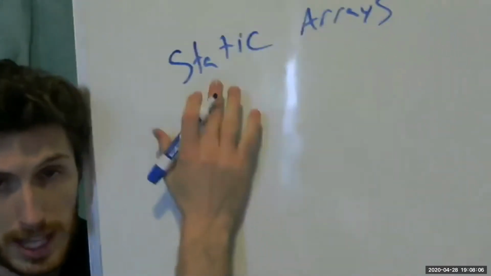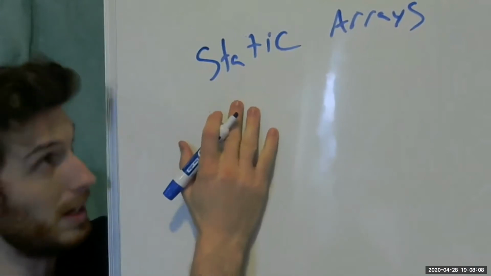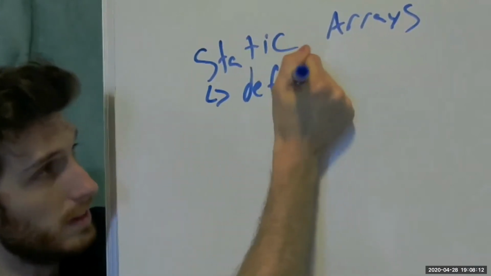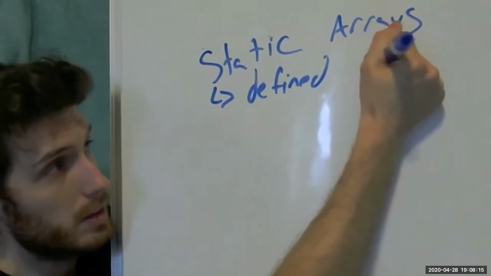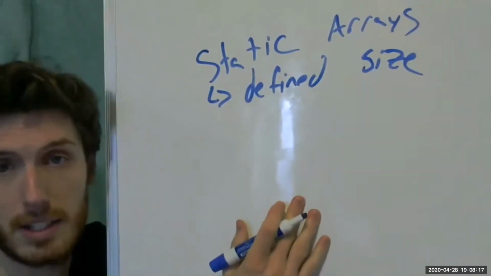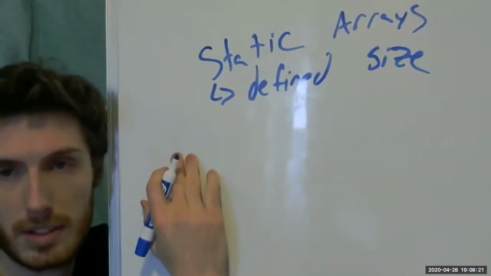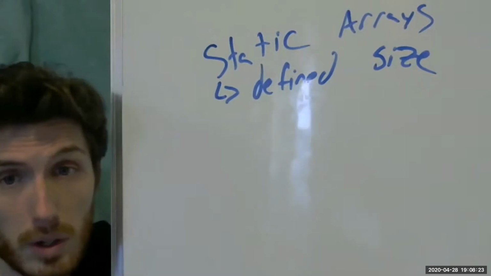And you'll see these static arrays exist in these lower level languages. And what static arrays have is they have a defined size or capacity.